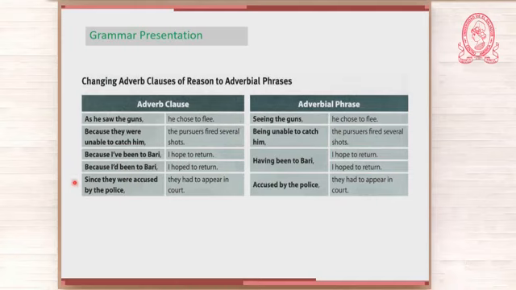But here we have something new, and I want to point it out. Look at the last one. Since they were accused by the police, comma, they had to appear in court. They. Okay, so I am sure it is possible to reduce the clause. But look at the verb, were accused.